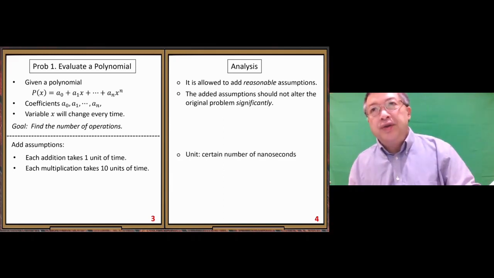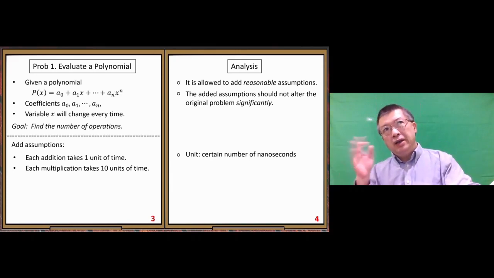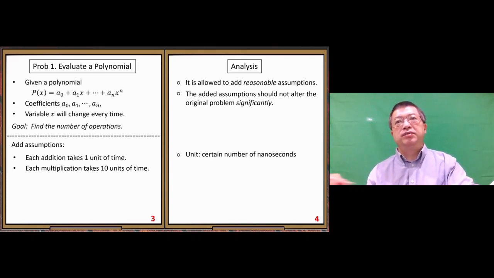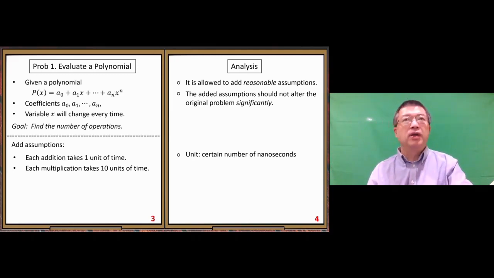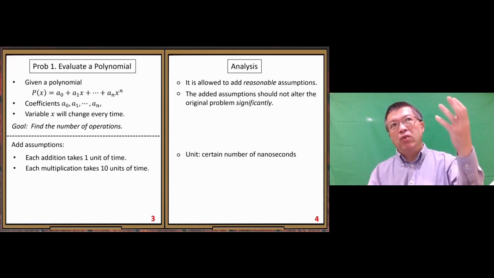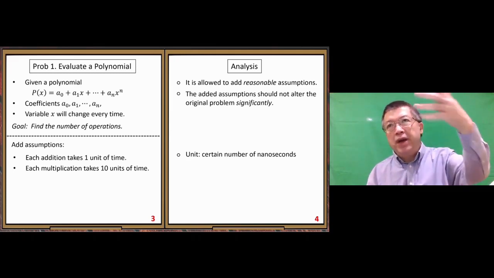Regarding the unit, here I'd like to give you a little more information. Here the unit means a certain number of nanoseconds. If you look at the CPU, the real exact time is a certain number of nanoseconds, even approximately 1 nanosecond, because the CPU becomes better and better.